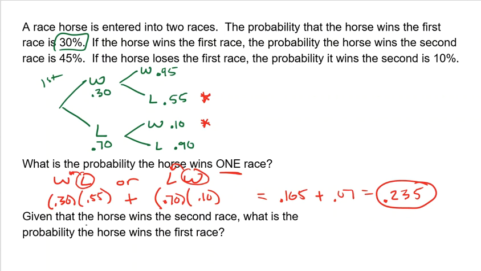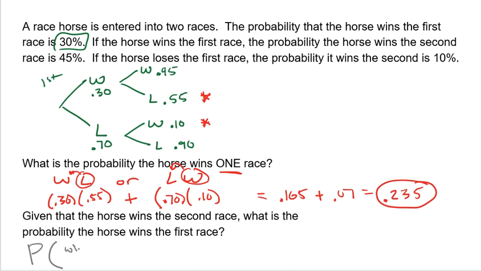Okay, given that the horse wins the second race, what is the probability the horse wins the first race? Okay, let's write this down because this is conditional. So I'm finding the probability that the horse wins the first race, given that it won the second.